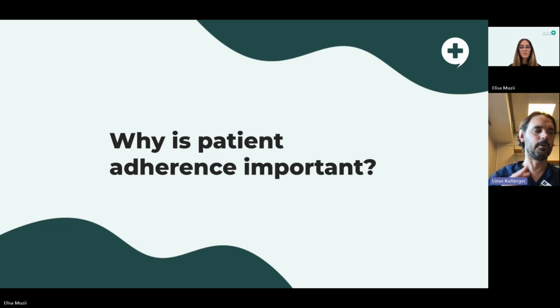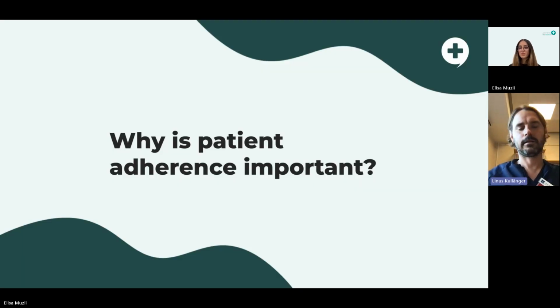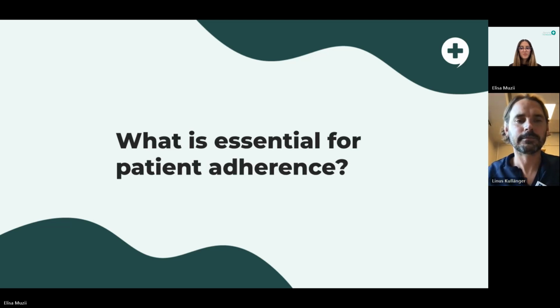And in a broader spectrum, you also need it to reduce healthcare costs, support public health goals, and also to build trust in healthcare. That's the ground, but of course it's a broad thing. I mean everything from getting the patients to take the medicine or get the treatment, but also to reduce costs in society. So we can do the next slide, Elisa.